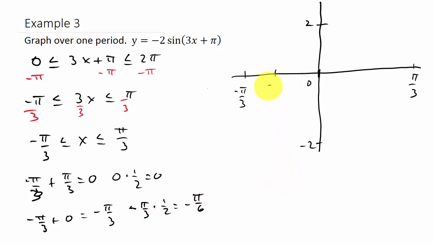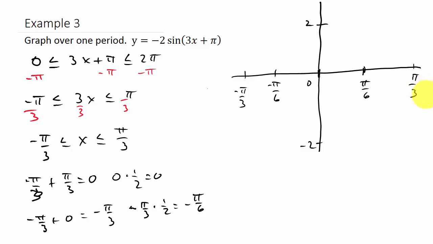So this would be negative pi over 6, and then here when you add these, that's going to be pi over 3. Pi over 3 times a half is pi over 6. Okay. Alright, so here's where we're starting, and here's where we're ending.